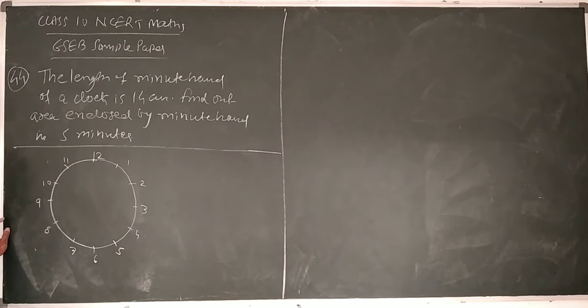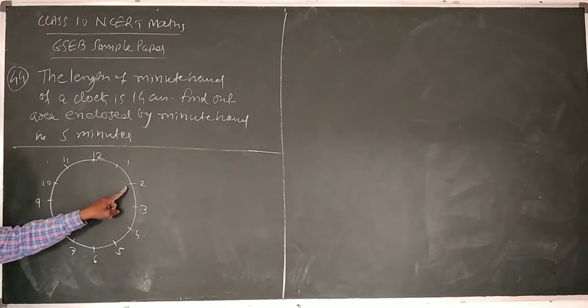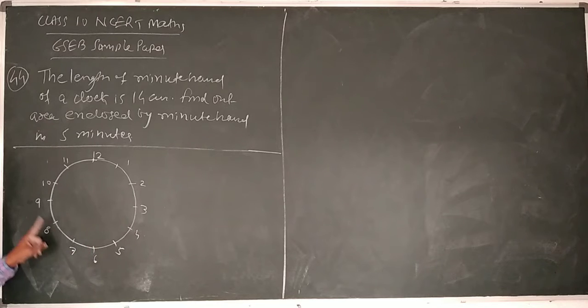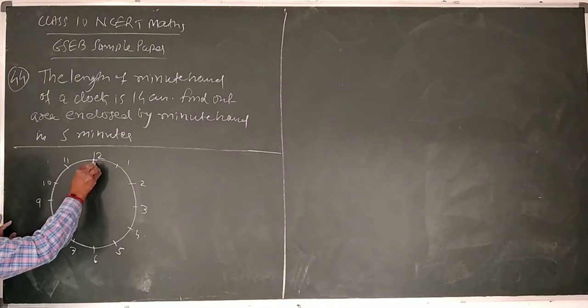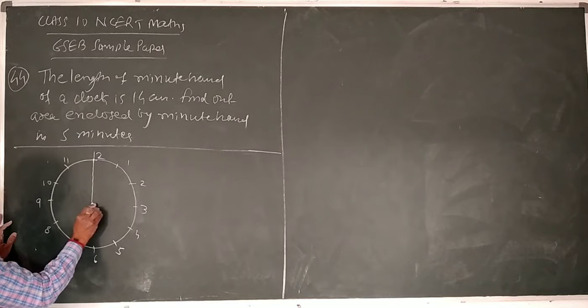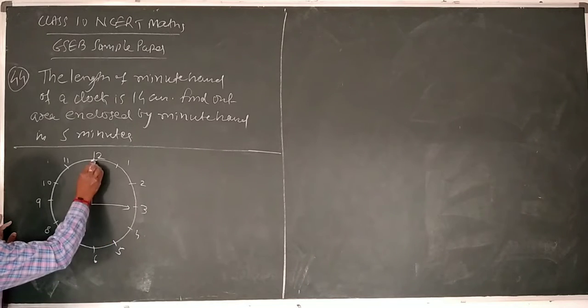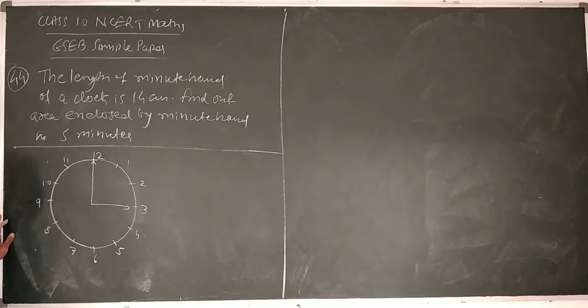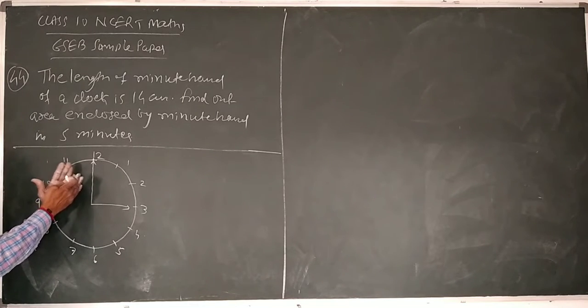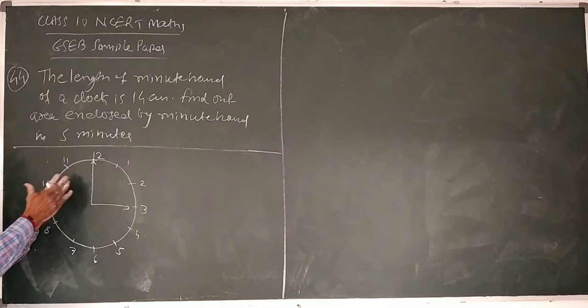Now on the dial of a clock, 12, 1, 2, 3, 4, 5, 6, 7, 8, 9, 10, 11 are written and they are at equal distances. If it is 12 o'clock, then both the hands will be together.